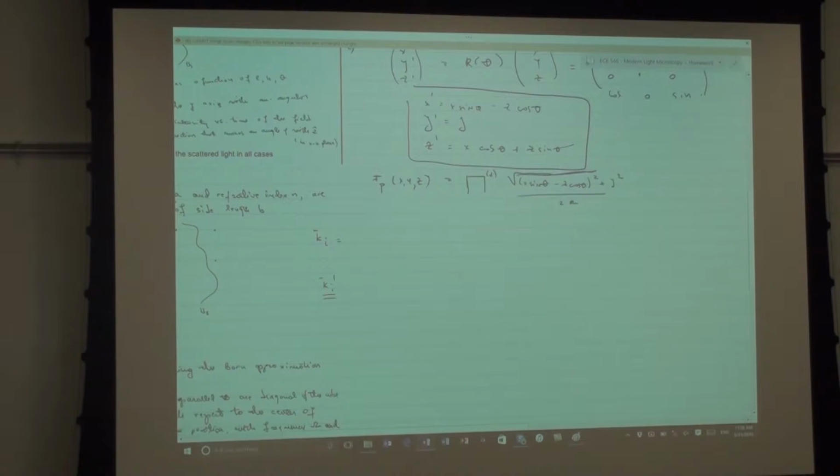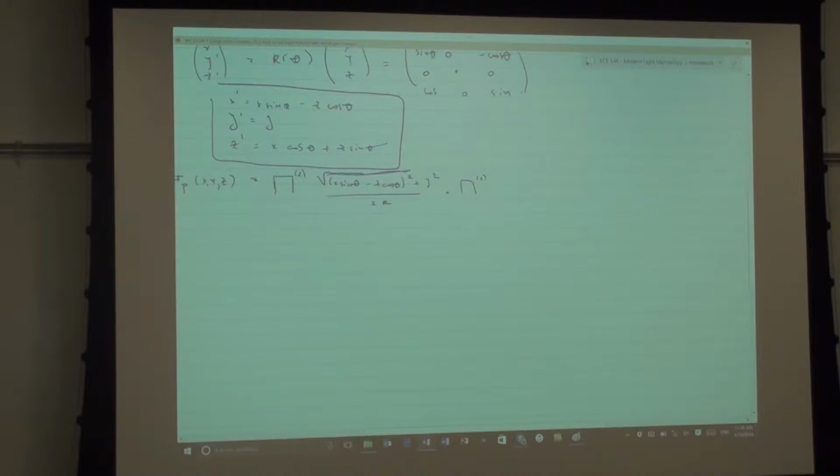And then this whole thing is multiplied with the one-dimensional rectangular function along z, which is x cosine of theta plus z sine of theta over h, times n squared minus 1, or whatever, right? That's with beta squared, and so on, over 4 pi. Cool?